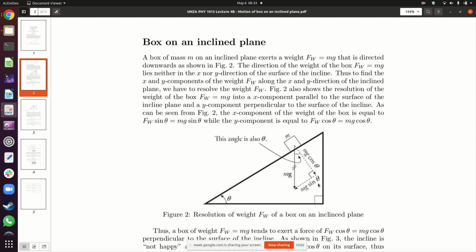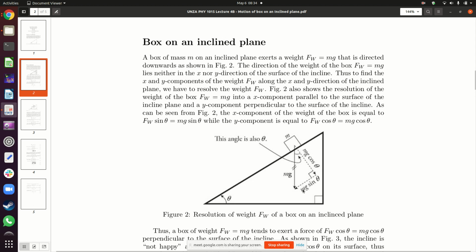So we find out how much of this weight is along the x-axis and how much is along the y-axis. Using this triangle, the components of this vector, mg sin theta gives us the x component of the weight, and mg cos theta gives us the y component of the weight.